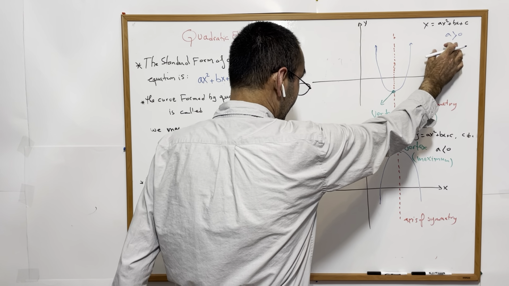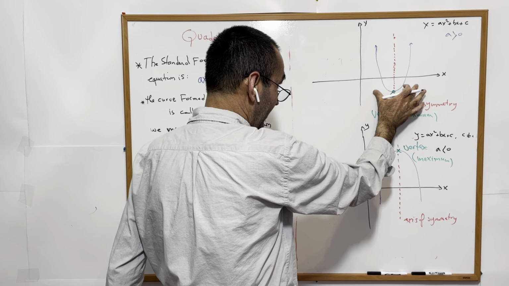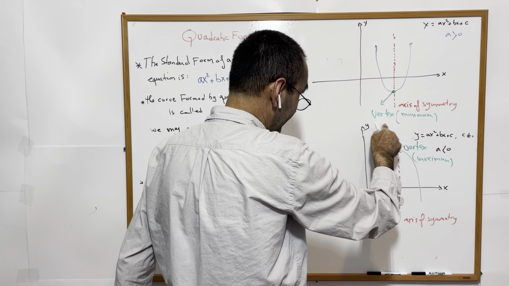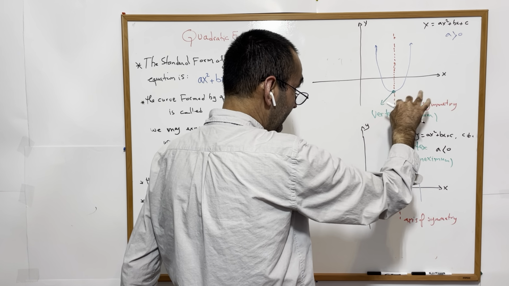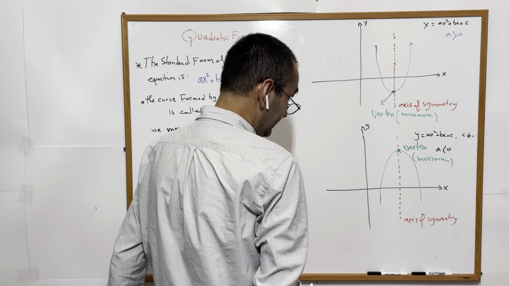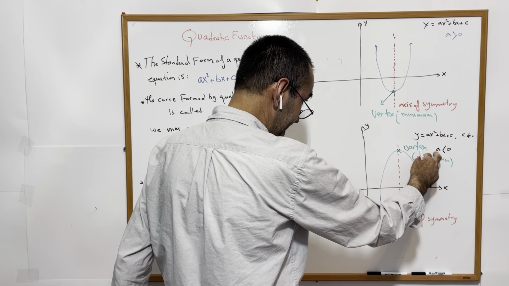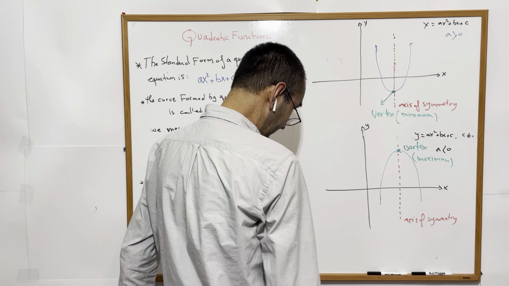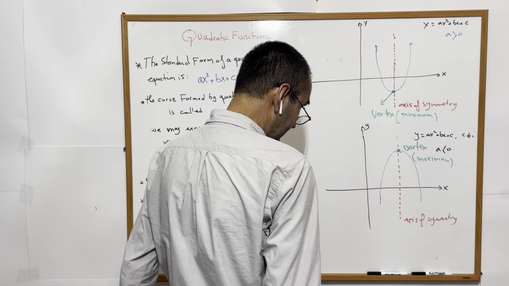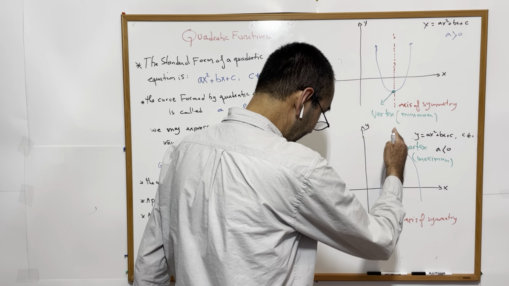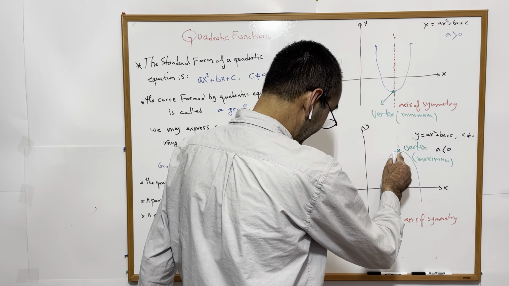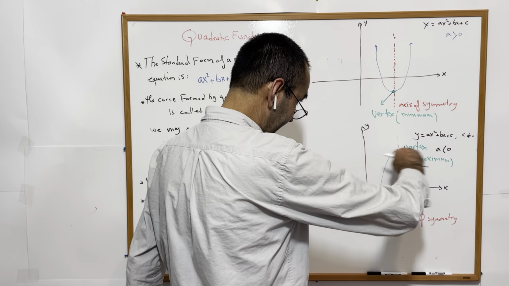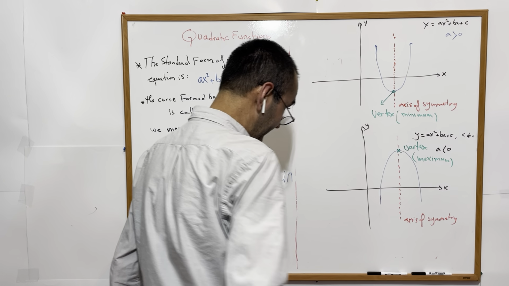If a is greater than 0, the parabola opens up, and we have the axis of symmetry, and the vertex is the minimum point. If a is negative, less than 0, the parabola opens down, and you have the axis of symmetry, and the vertex is the maximum of the parabola.